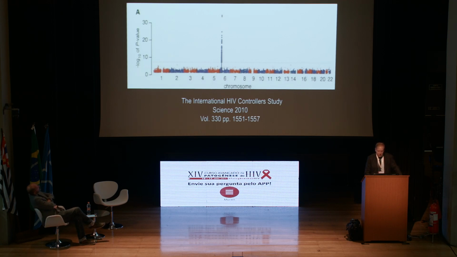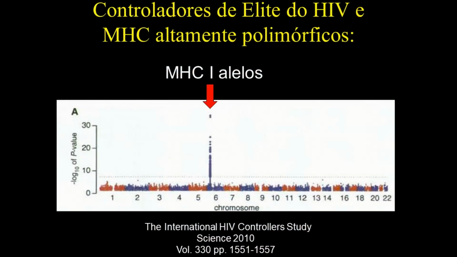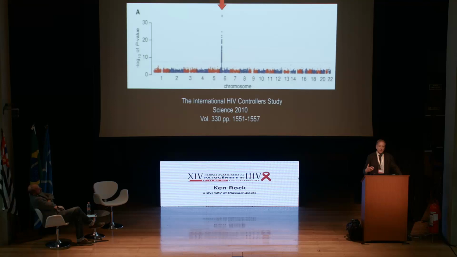And what this turned out to be were MHC Class 1 alleles. So this subset of patients had a unique set of MHC alleles, and this seemed to confer the ability of these individuals to control the infection. And the data that's emerging on how this actually works seems to be based on the things I'm going to be telling you about today.